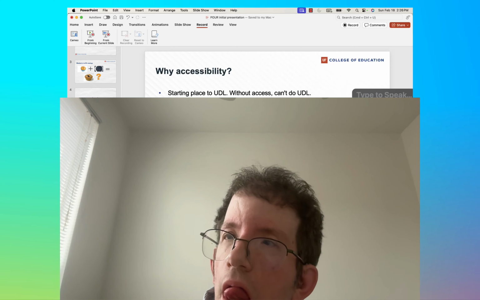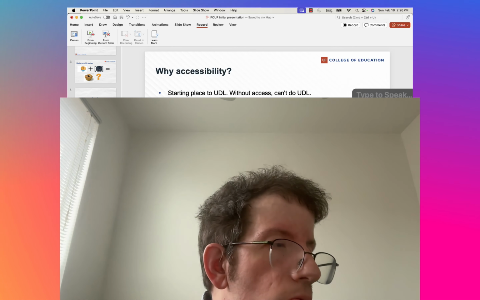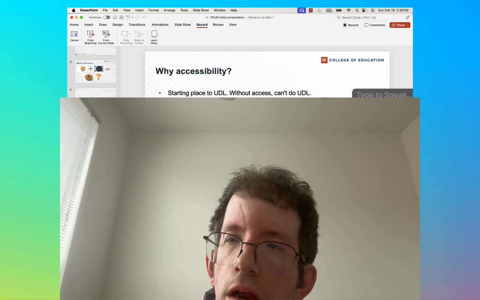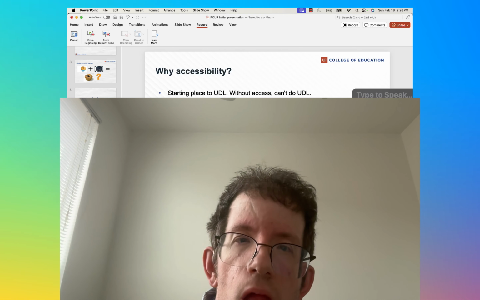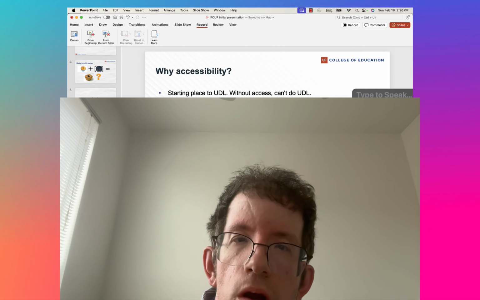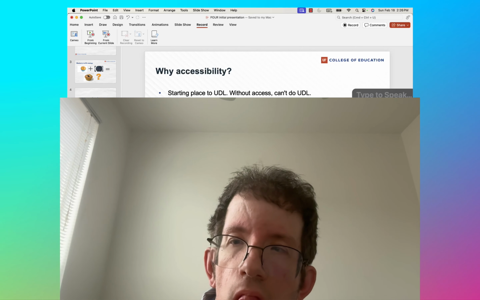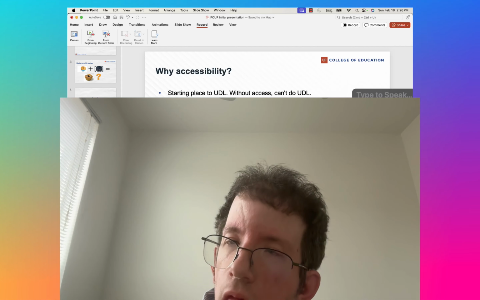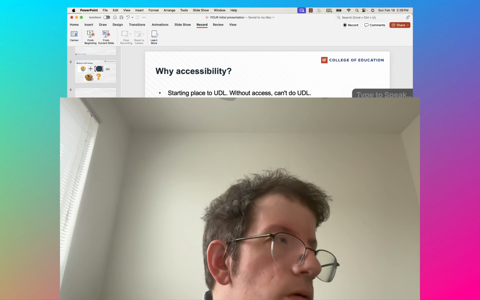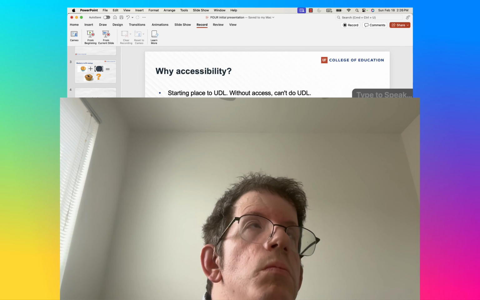In order to allow for full participation of all students, including those with disabilities, accessibility is the bare minimum needed. Those of you who are familiar with universal design for learning may recognize that accessibility is discussed alongside UDL. Accessibility is the starting point.